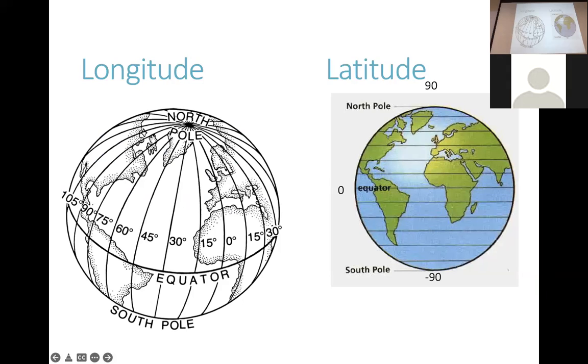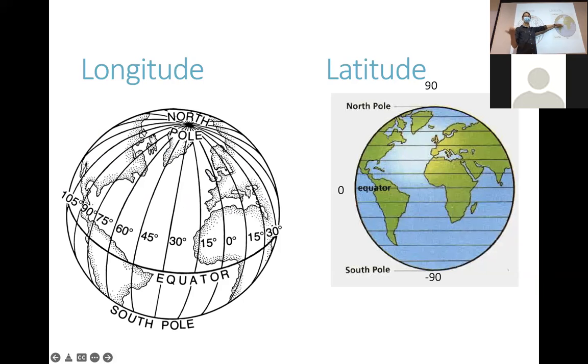Everyone knows latitude and longitude, right? So latitude, it's like a ladder, you can step up, right? Latitude measures north to south, longitude measures east to west. I'm not really going to focus on longitude as much because it has less of an effect on the ecology of an area. It obviously changes around the globe. Latitude has a huge effect.